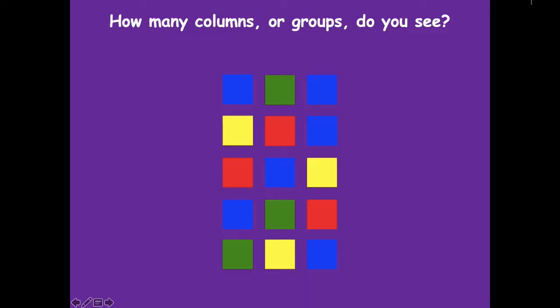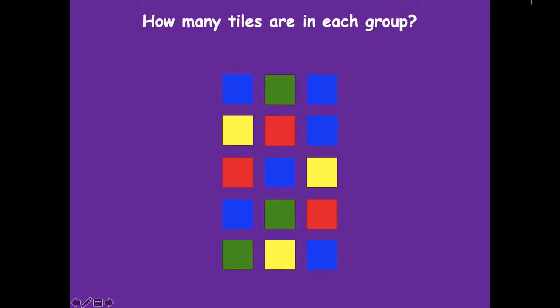All right, friends, pause if you need more time. All right, so all we did kind of basically is turn it sideways, right? So how many columns or groups do you see? 3 columns. How many tiles are in each group? 5 tiles. You got it.